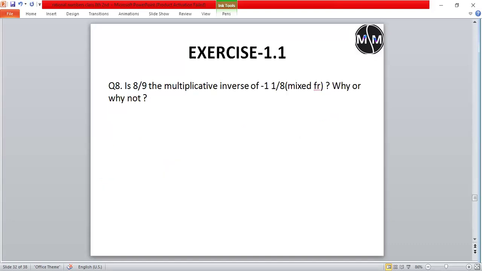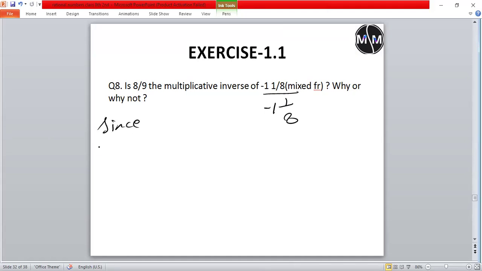Question number 8, exercise 1.1. Is 8 by 9 the multiplicative inverse of minus 1 by 8? It is in a mixed fraction. Minus 1 by 8. Why or why not? Let's see.